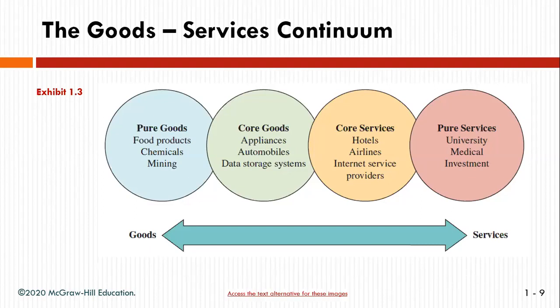And then you get the core services like hotel, airlines, internet providers, where the goal is to sell you the services, but they provide you some products behind it. And then you've got the pure services like university, medical and investment companies. So these are the four types available in the market, or a combination between them.